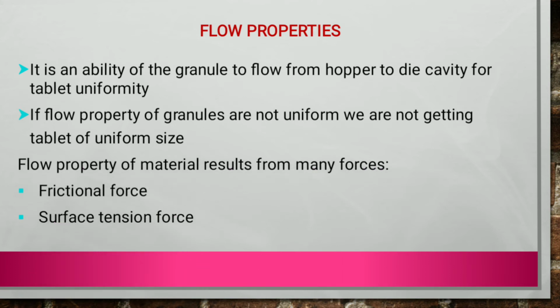Then the flow property of material results from various forces, basically the first one, that is frictional force, and the second one is surface tension force. Also, good flowability in a powder is ensured when particles can overcome this resistance to flowing easily without forming any sort of lumps, clusters or aggregates.